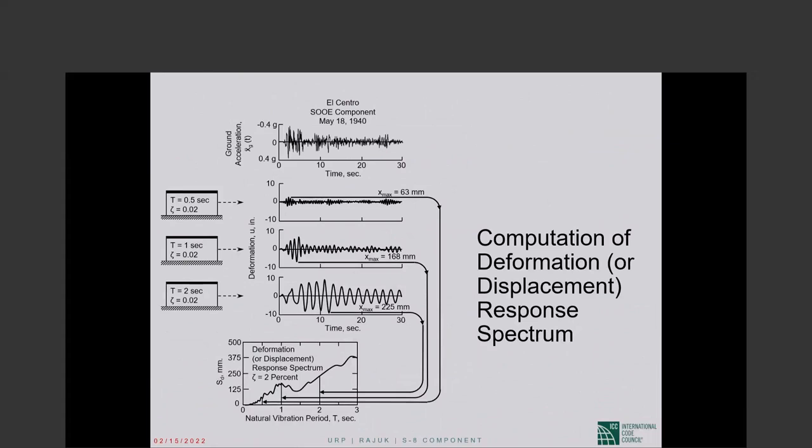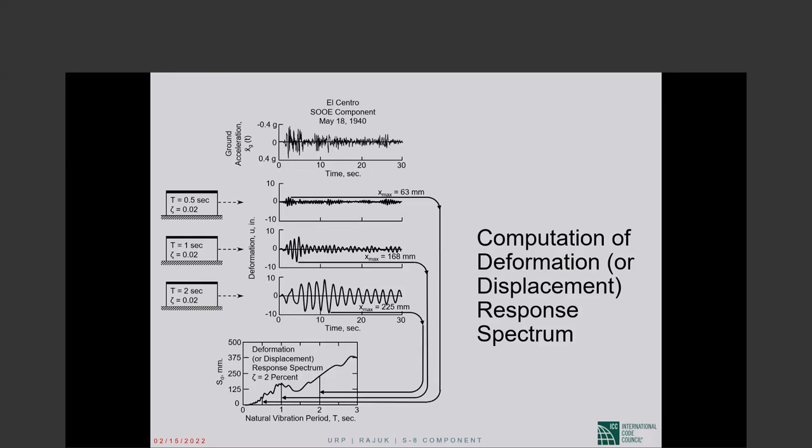Now, in this figure, we are considering three single degree of freedom systems. Single degree of freedom systems means only one component. So there is mass concentrated at one location, and only one component of motion of that mass is possible.